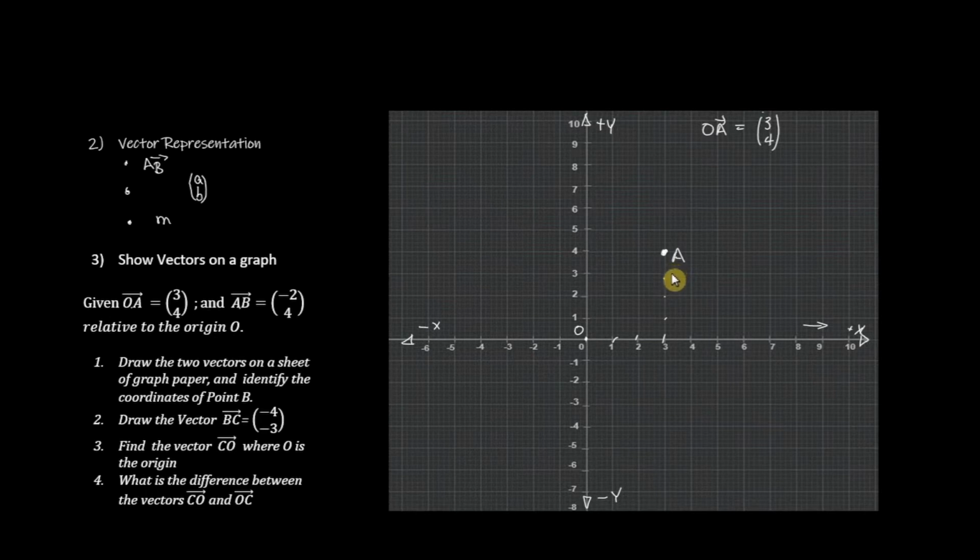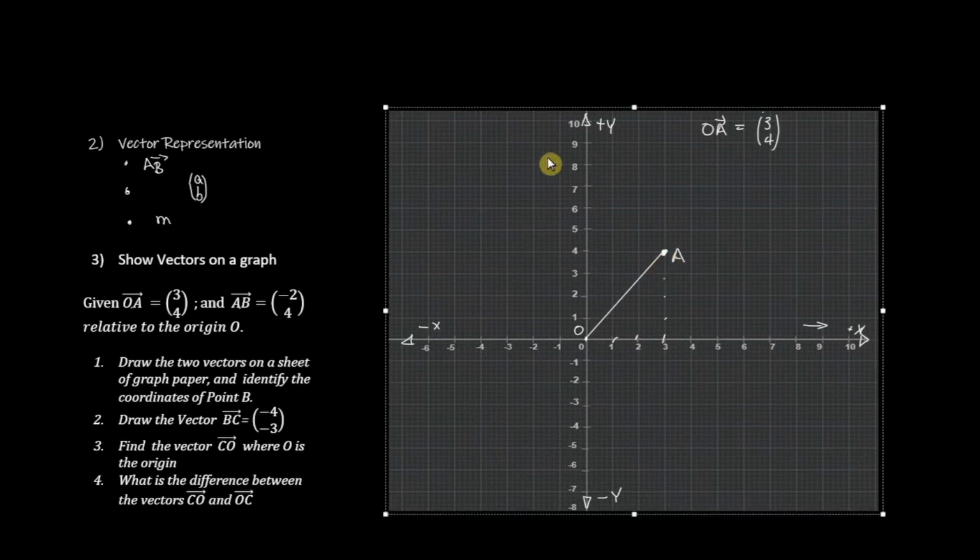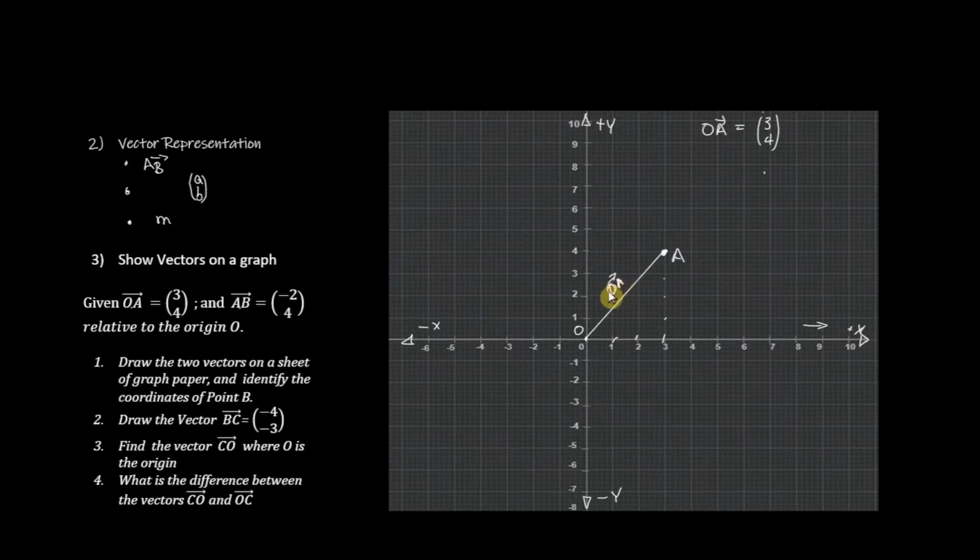It's the line connecting the points O and A going in the direction of A. So we simply draw the line between O and A. That's our vector, going from O to A in the direction of A. And I can put an arrow on the line, because vectors are not completely described without the arrow to indicate the direction.